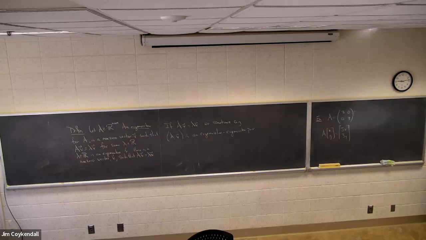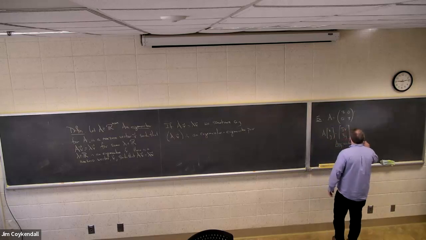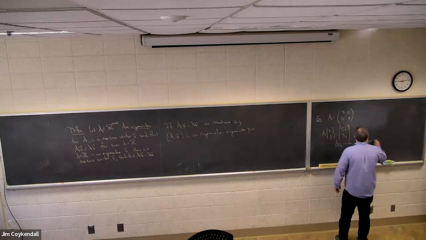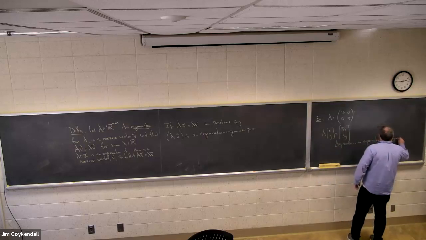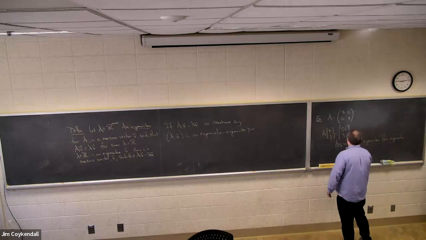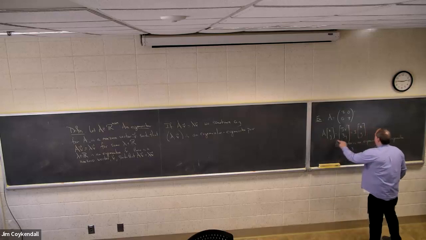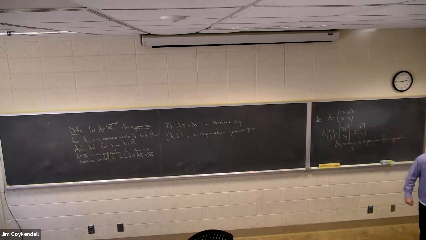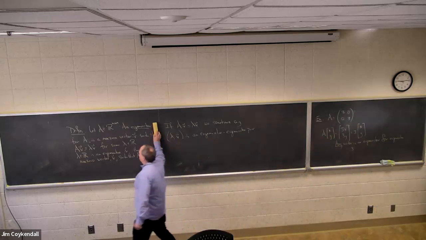That's essentially it. And notice that any vector is an eigenvector, and the eigenvalue is 3, since Av is 3v. Am I okay with it? Okay.